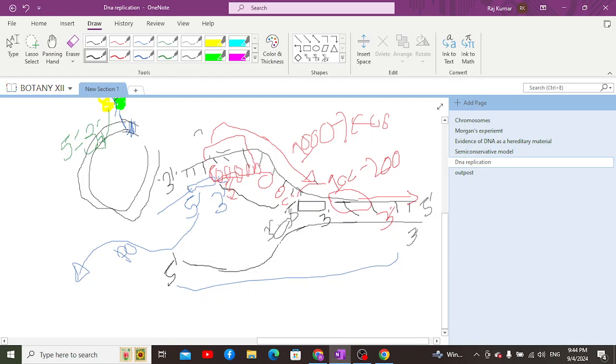It is added on the opposite side so that the complementary daughter strand which is formed is anti-parallel. That anti-parallel strand would be formed by the DNA polymerase 3 by the addition of nucleotides, and once addition of nucleotides occurs, another primer comes from 5 prime to 3 prime, after which another primer would be there, and so on. This is how the elongation process would be continuing.